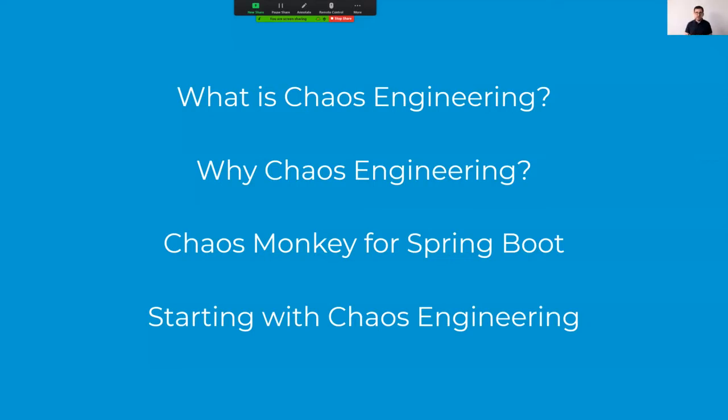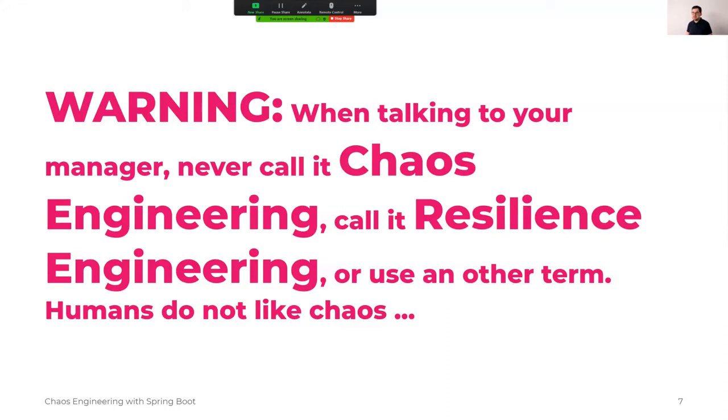But before we get into this, there is a disclaimer. Warning: when talking to your manager, never call it chaos engineering. Call it resilience engineering or use another term. Humans do not like chaos at all, and this is something you should really keep in mind. We as technical people love to talk about chaos; it's something fascinating for us.